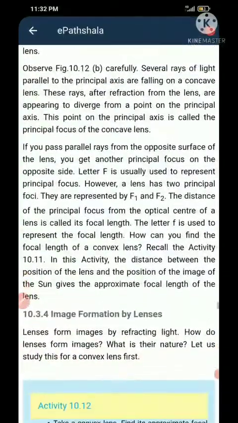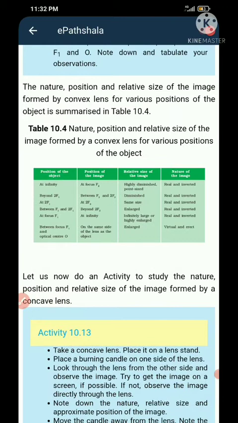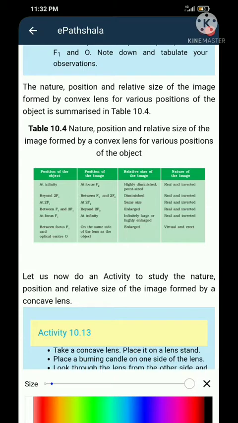Let's discuss image formation by the lenses. So these are the 6 cases. First we put the object very far, at infinity, then bring it to very close at the optical center. So in the first 5 cases, the image is real and inverted, and in the last case virtual and erect.